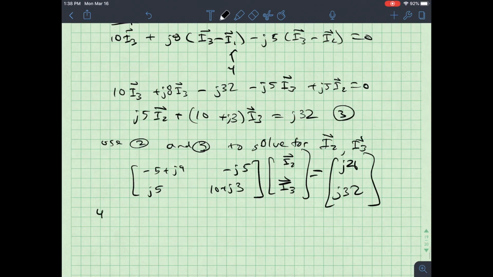Step 4 is to solve, so let's go ahead and do that.